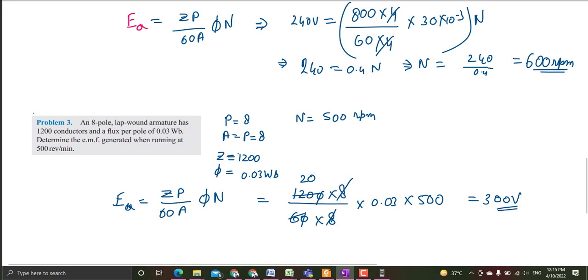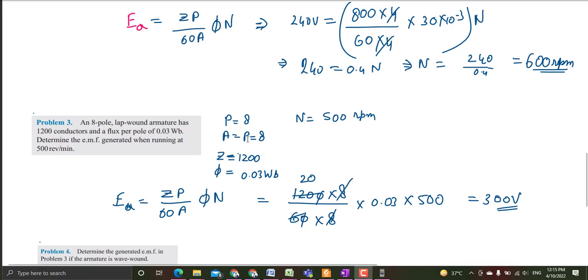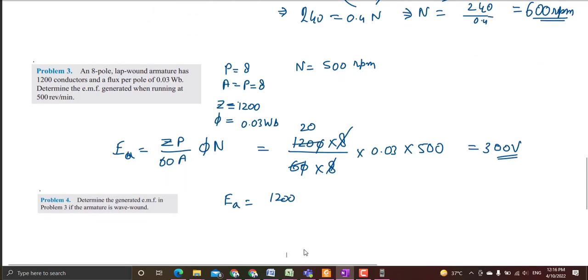Let's proceed to the next question. The next question tells us to determine the generated EMF in problem 3 if the armature is wave wound. If it was wave wound, A would have been equal to 2. So Ea would have been 1200 into 8 divided by 60 into 2 into 0.03 into 500.